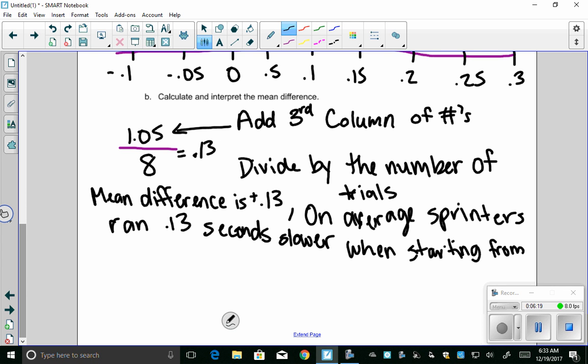So 0.13 seconds slower when starting from a standing position. Okay? So the reason why I had to change the word faster to slower is because when we're dealing with sprinting, a faster time means that you're going to have a smaller number. So because my number was positive, I had to change the word faster to slower.